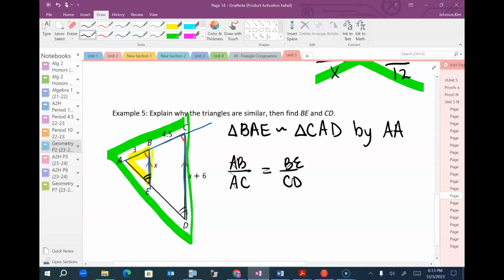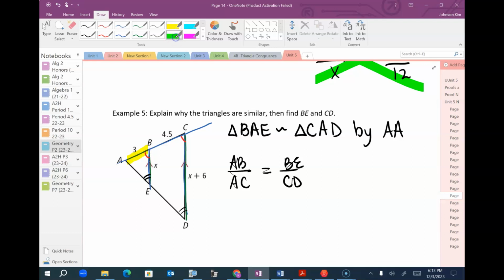What I did is I said the top side of triangle BAE is similar to the top side of triangle CAD, and then the right side of triangle BAE is similar to the right side of triangle CAD, or small is to large as small is to large.